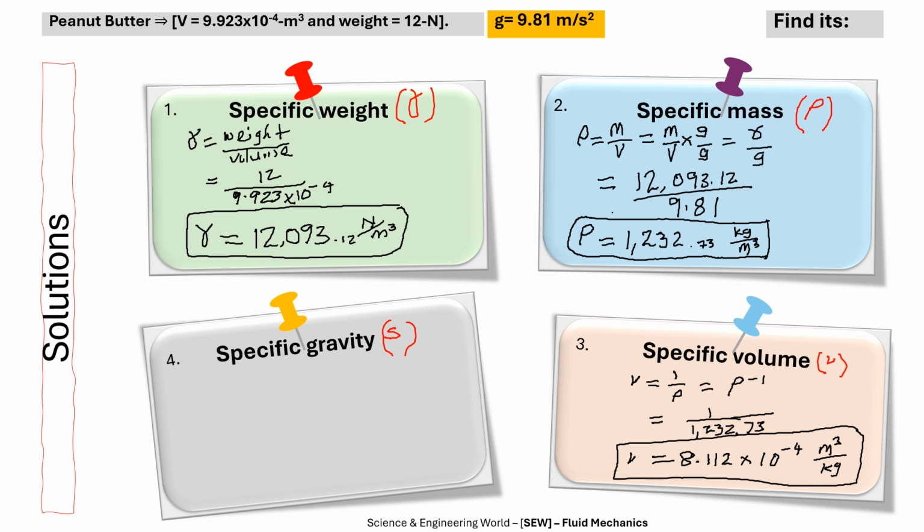Specific gravity we said is the density of the substance, that's rho of peanut butter, over rho of water, because water is the standard liquid for liquid fluid.